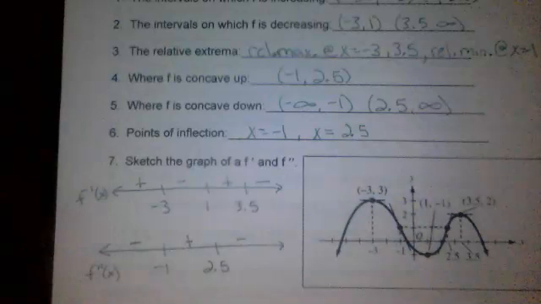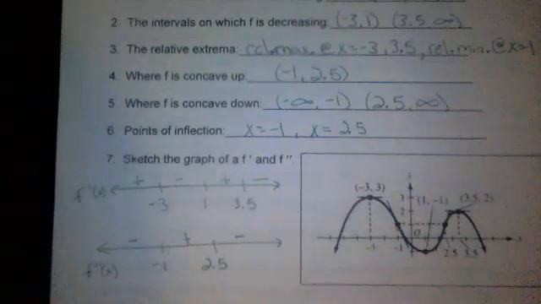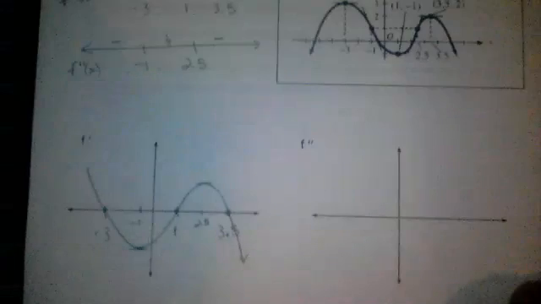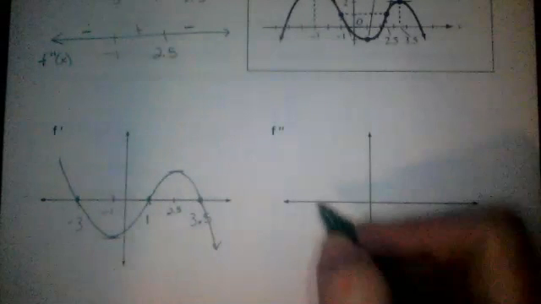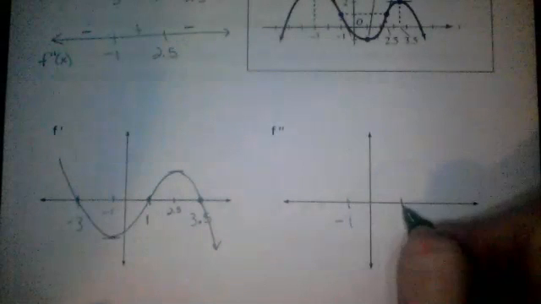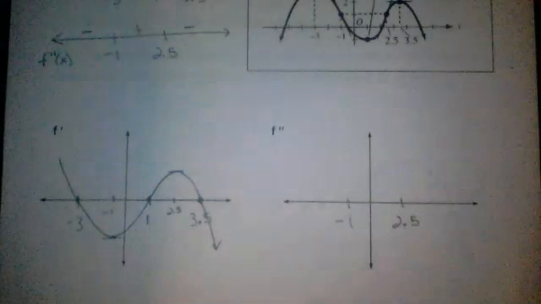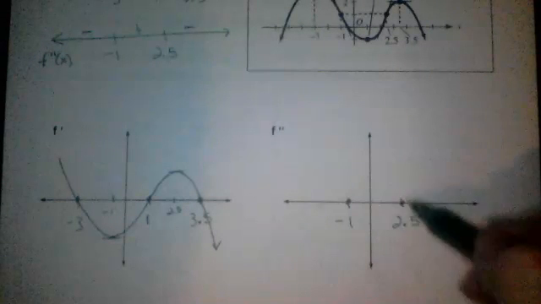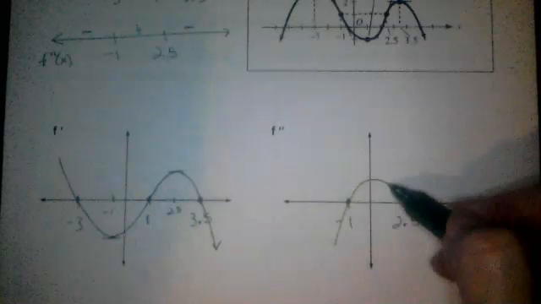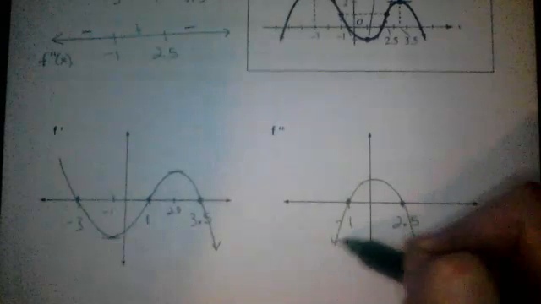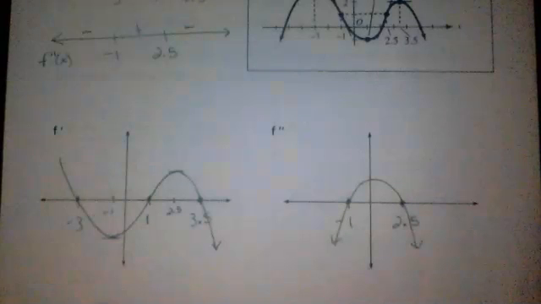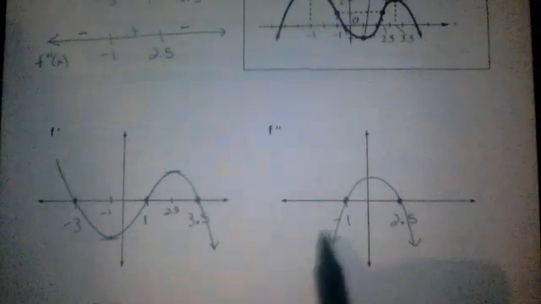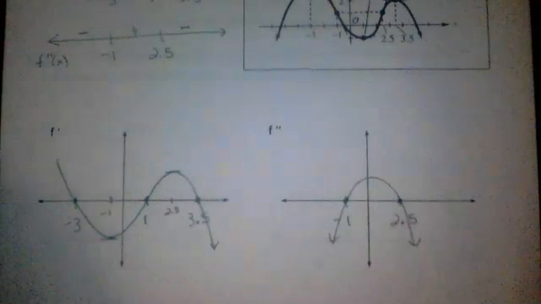And so I need the graph to be below the x-axis, above the x-axis, below the x-axis. So down here, let's see if I can get that number line. Yep. We've got -1 and 2.5, and I'm going to start below, go above, and then go back below. So it's just going to look kind of like a parabola. All right, negative, positive, negative.